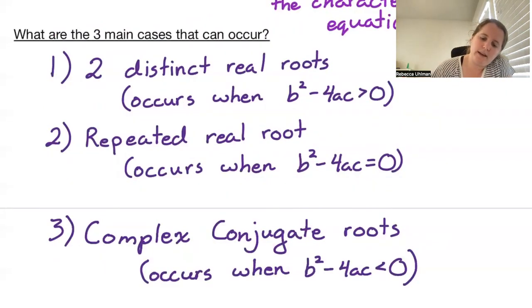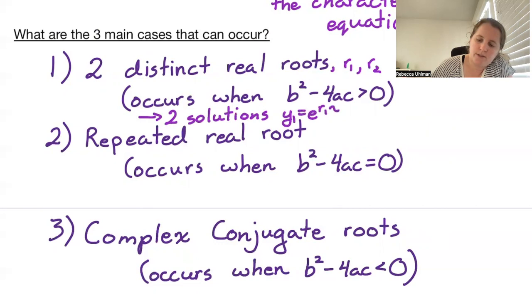Note, in this case, if we have two roots, R1 and R2, then we get two solutions. Y1 equals e to the R1 times x, and Y2 equals e to the R2 times x.